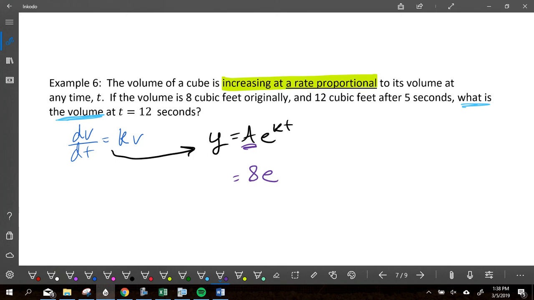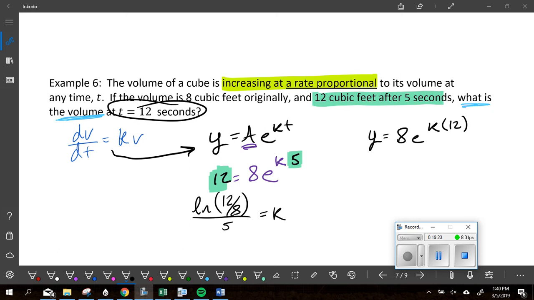So that means the first thing you probably got to do is find K. In order to find K, I need 2 things. I need to know an ending amount and a time. Did they give me another ending amount and time somewhere in that equation? 12 cubic feet after 5 seconds. So I can plug in 12 for the feet and 5 for the time. Solve for K. Once you've found K, figure out how much is left with 12 seconds remaining. See what you can do.